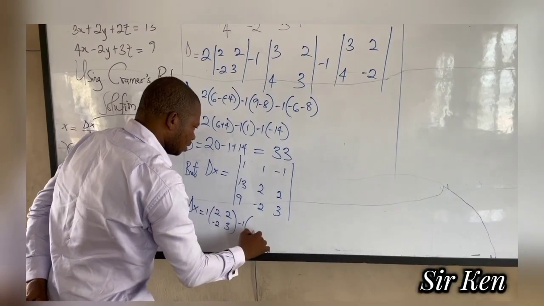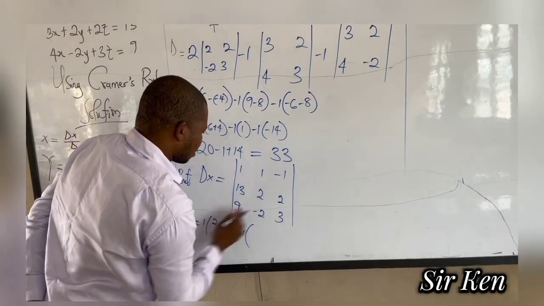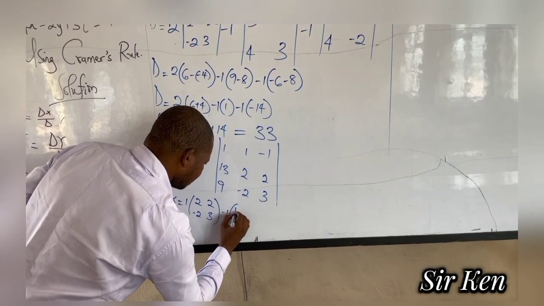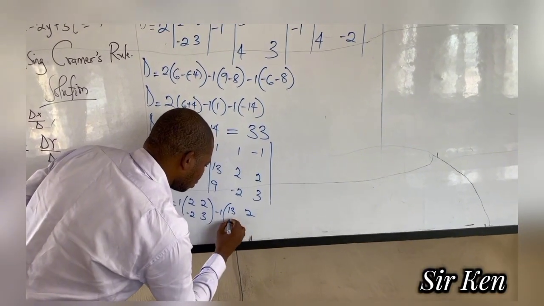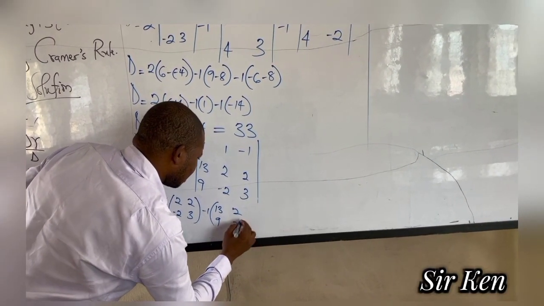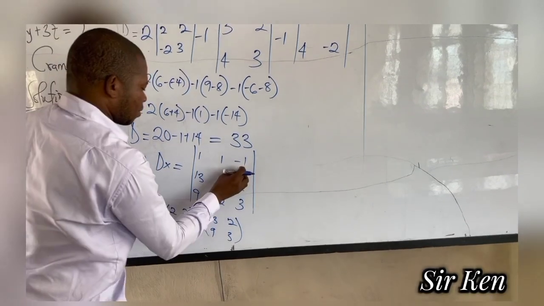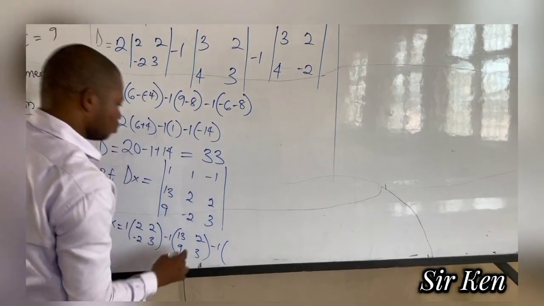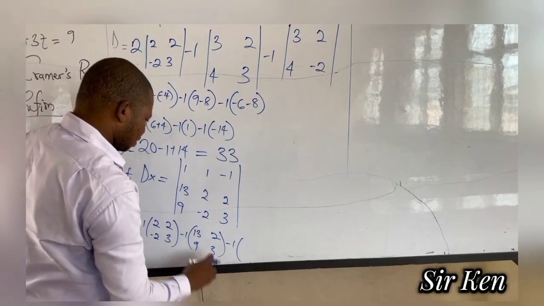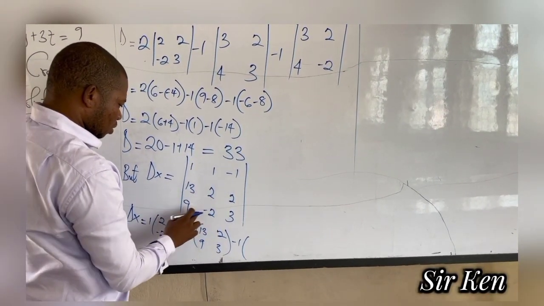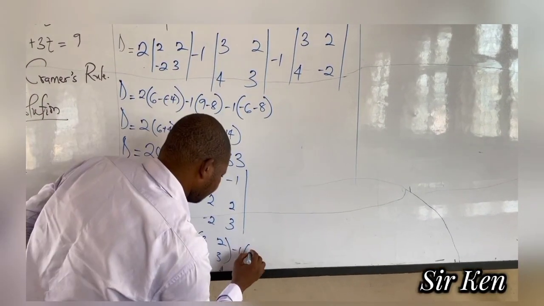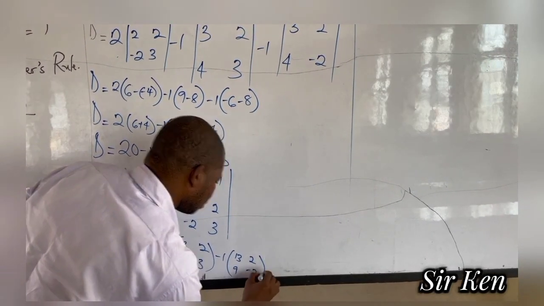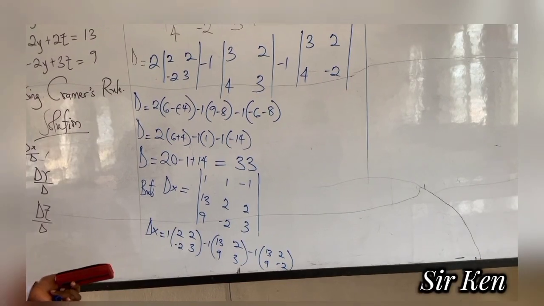So I'm cancelling this, I'll be left with 13, 2, 9, 3. Now coming down here, I'm going to have minus 1 into, cancelling this, I'm left with 13, 2, 9, minus 2. That is what I'm going to have for this.